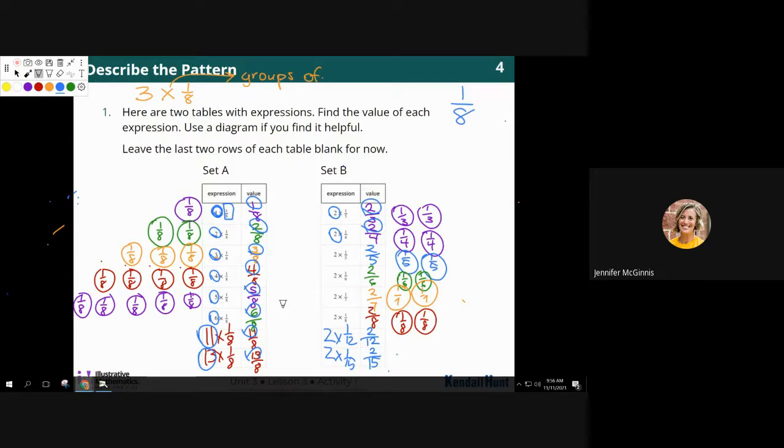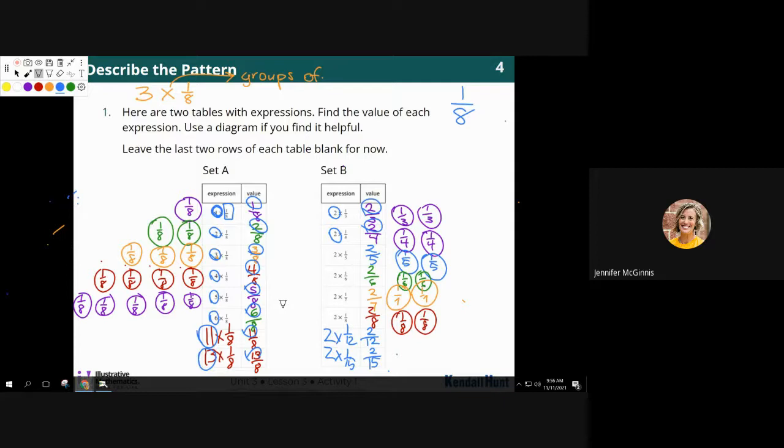And the denominator is the same in each of them. The denominator never changes, because if the denominator changes, we are now changing the size of the piece. And you can't do that. If you're going to multiply, your pieces have to stay the same. You have to use the same kind of number.